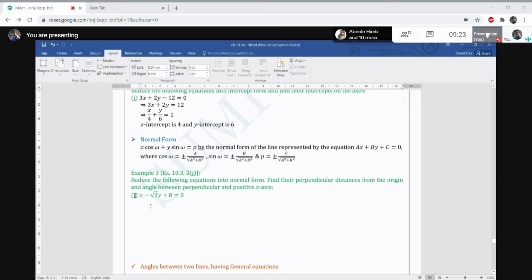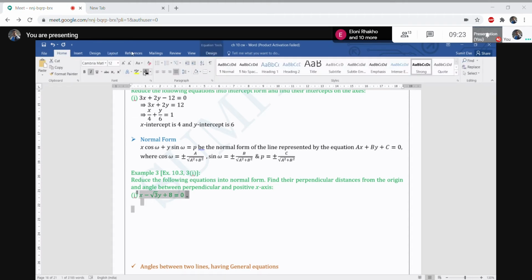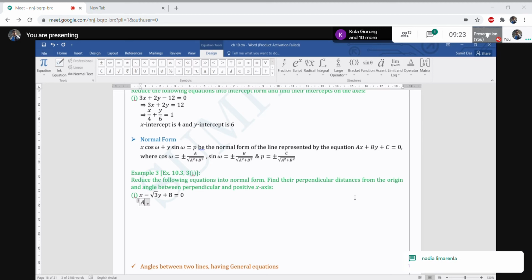So after getting this, we have to identify a. What is a here? If you compare this equation with ax plus by plus c, what is the value of a? Yes, the value of a is 1. The value of b will be minus square root of 3. Okay, don't forget the minus sign. And c is equal to 8.